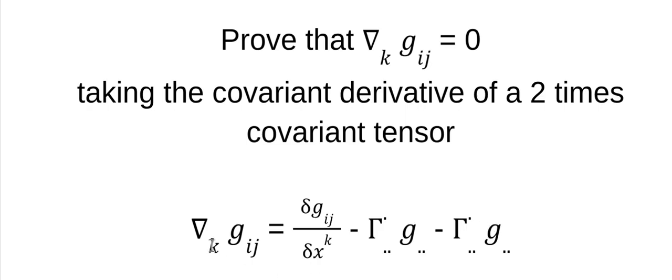There are 3 free indexes here, which have to remain in the covariant position. So that should automatically clue you in that whatever goes up here is going to be a summation index, because there are no contravariant indexes.